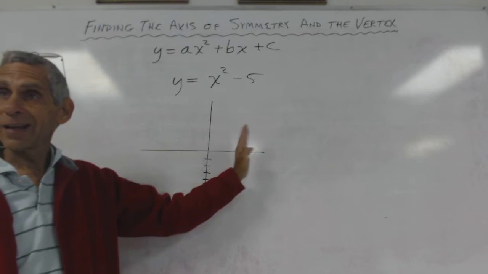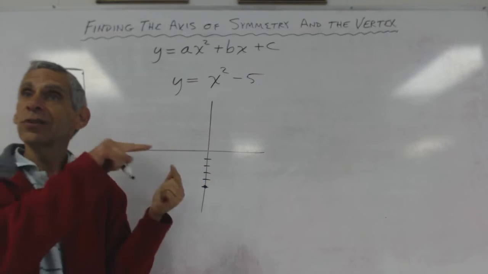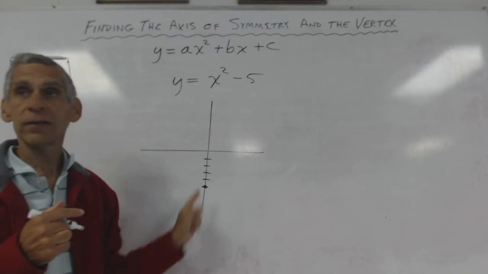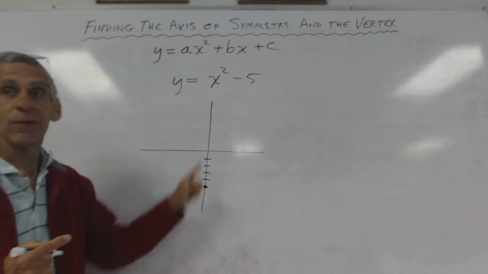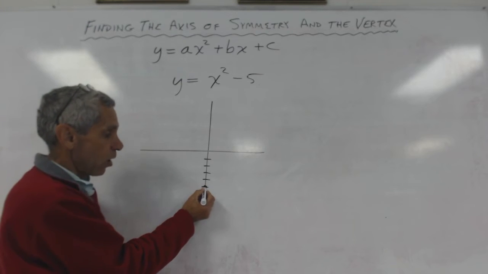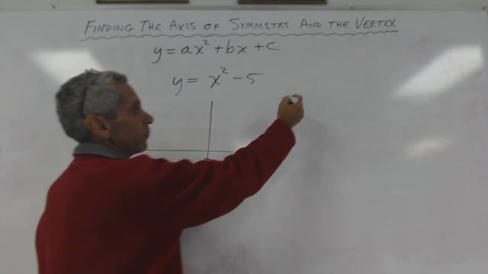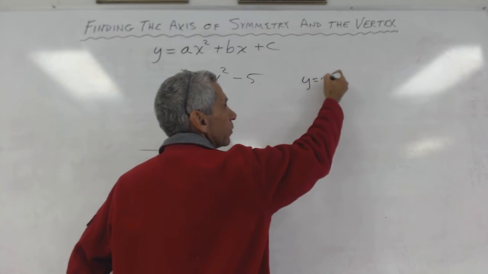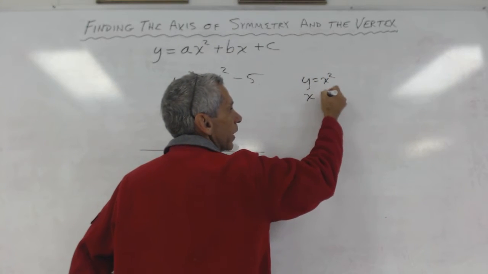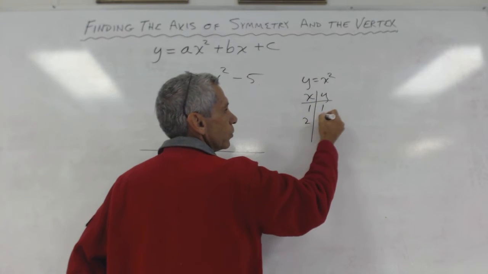If b is not 0, if it's something else, that's going to move it off the y-axis. But if there's no b, that means b is 0, and it's on the y-axis. So that's my vertex. That's also my y-intercept. And then I'm going to use the standard parabola, y equals x squared, where you go over 1, up 1, over 2, up 4.